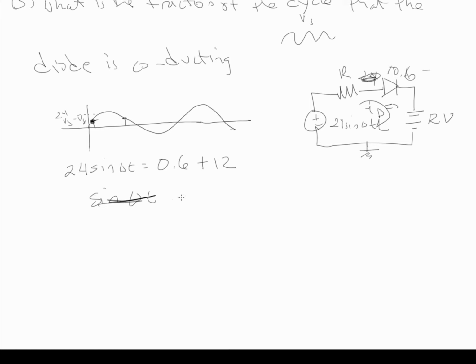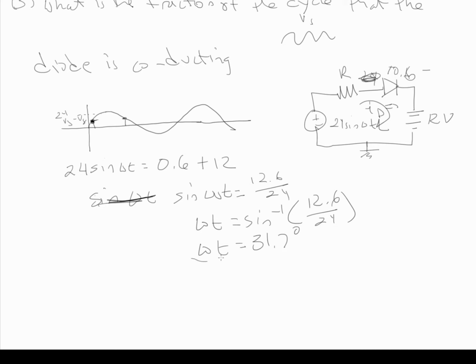So omega t is equal to the inverse sine of 12.6 divided by 24, and then omega t is equal to 31.7 degrees, okay? Because the argument of a sine is always an angle.